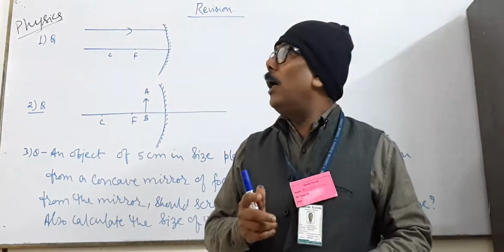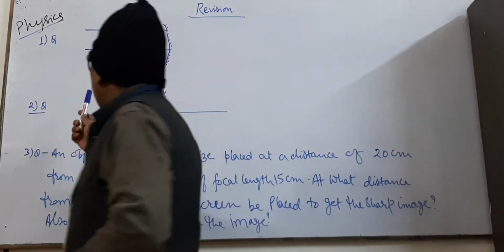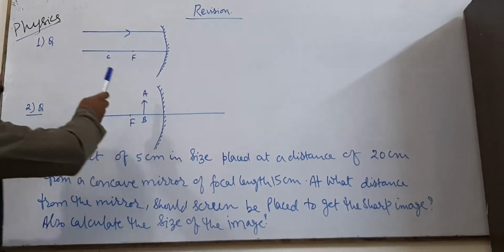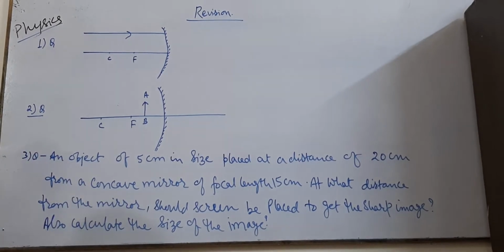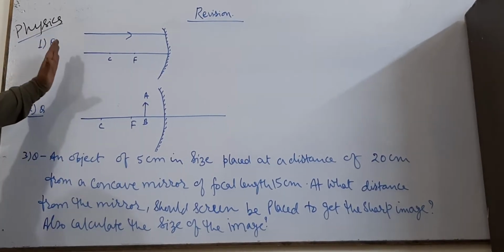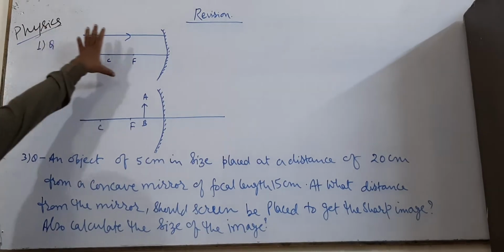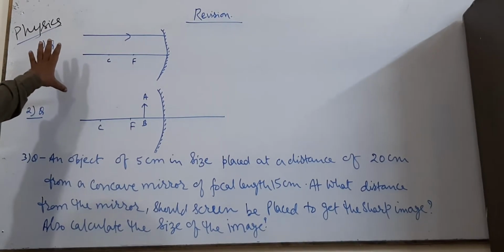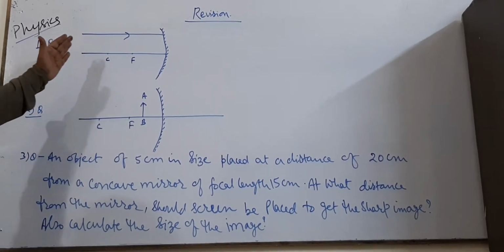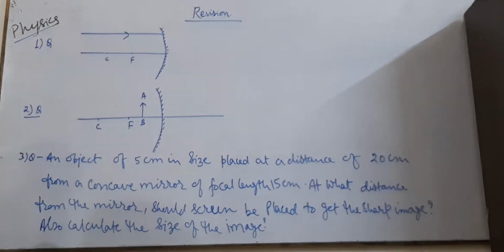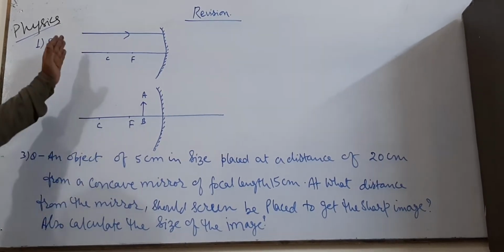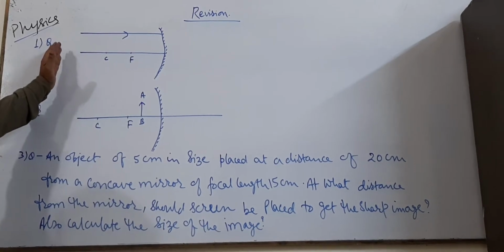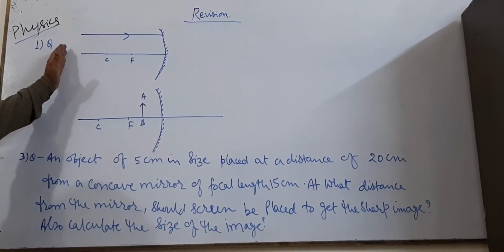So I have written here 3 questions. The first one and second one are diagrammatic questions. In the examination, a diagram may be given and it may be asked to complete the following diagram showing the angle I, angle R and normal.